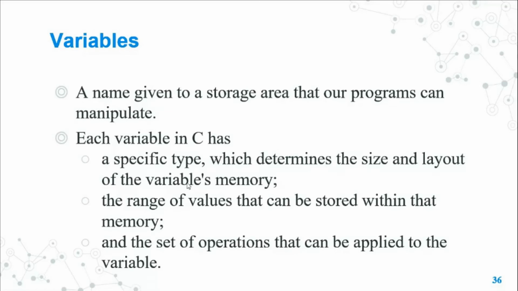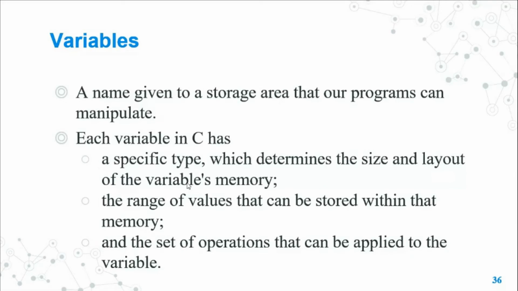One is a specific type, which determines the size and layout of the variable's memory. That is, how much memory should be reserved for that variable is decided depending upon the specific type.